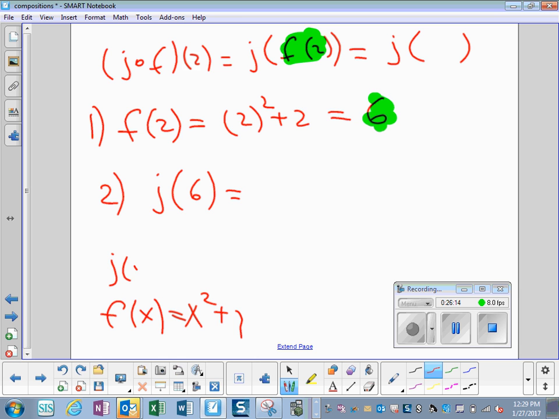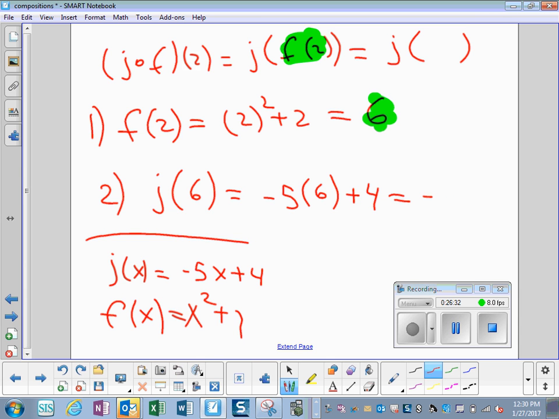My j of x was what? J of x is negative 5x plus 4. So negative 5, 6 instead of x, right? Plus 4. And this is negative 5 times 6, negative 30, plus 4, negative 26.